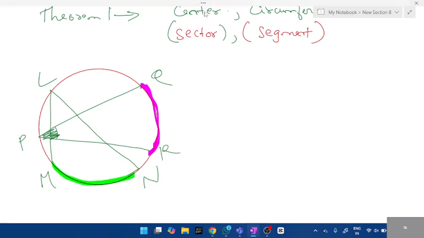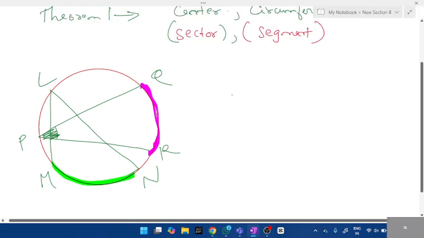Can you all tell me the names of both the segments? Angle MLN and angle RPQ, right? Will they be equal? Are they formed on the same arc or different arc? Different arc. So they won't be equal. They are unequal. The values are not equal.